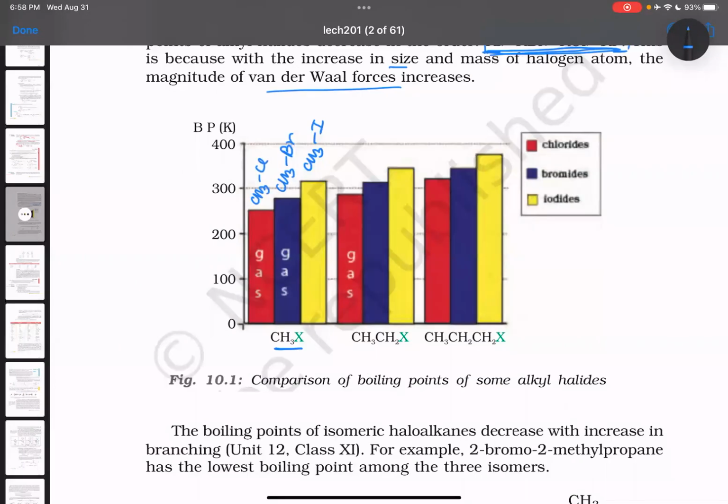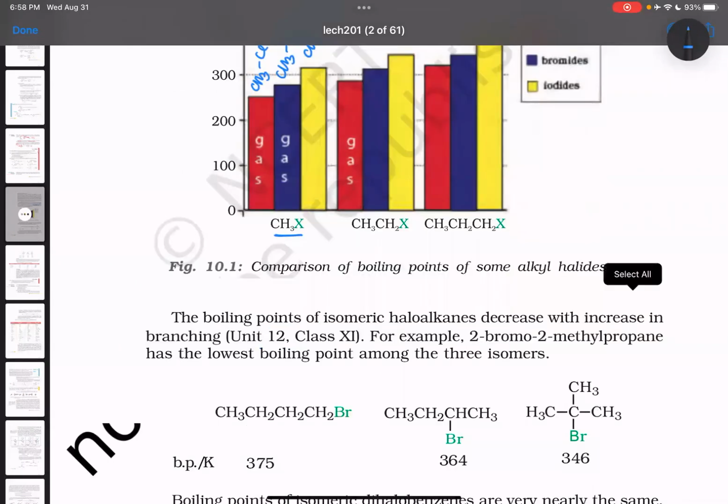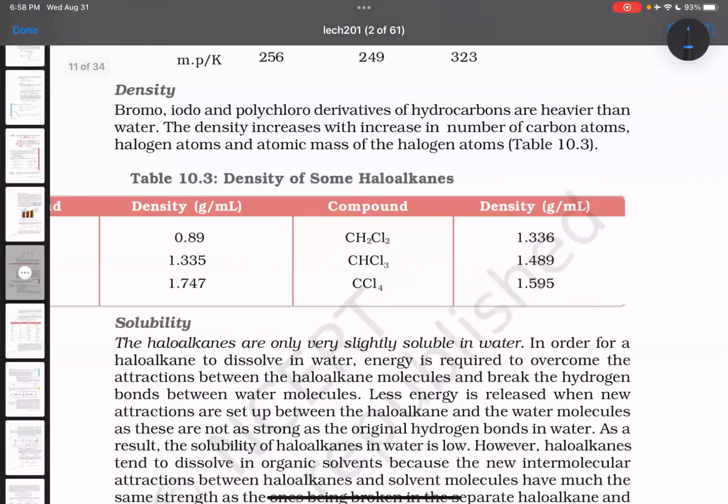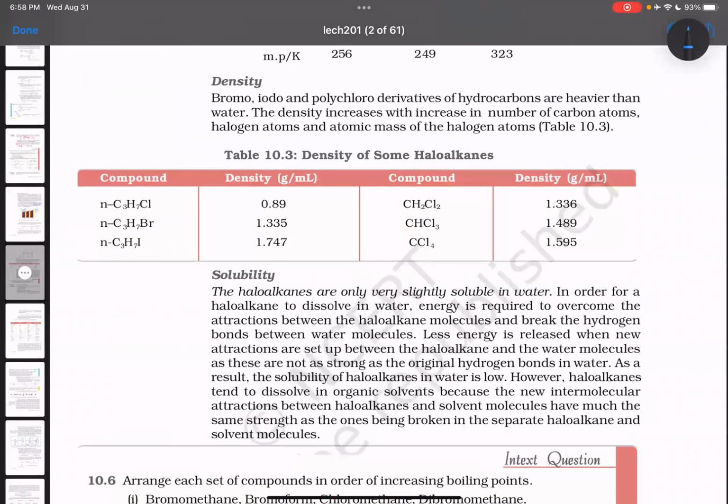Is it clear? But when it comes to their water solubility, the alkyl halides are going to be almost insoluble in water. Why? Very slightly soluble or almost insoluble in water.